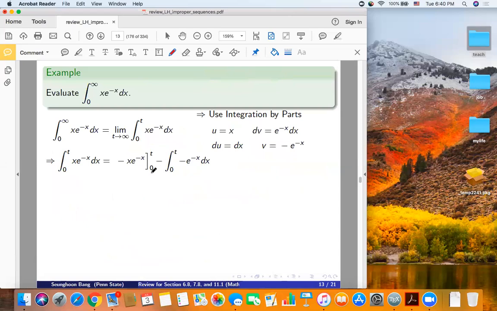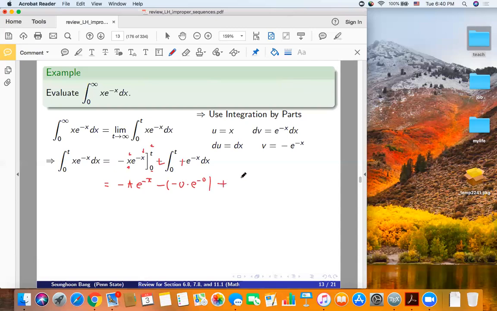So next, you plug t into here. First, exactly the negative t times e to the negative t, minus, you plug 0 into x, negative 0 times e to the negative 0, that is the first part. This one changes: negative times negative is positive.